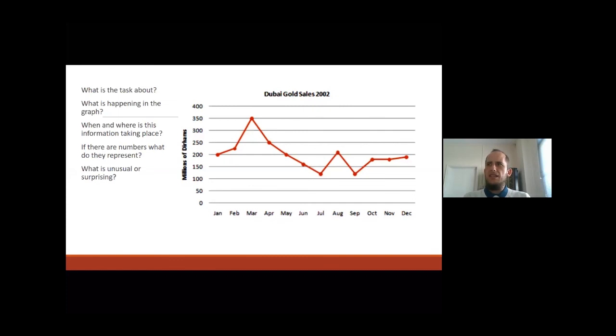And is there anything unusual or surprising about the graph? Anything that you find particularly interesting? Yeah, so there definitely seems to be the highest income in March, and then it slows down.